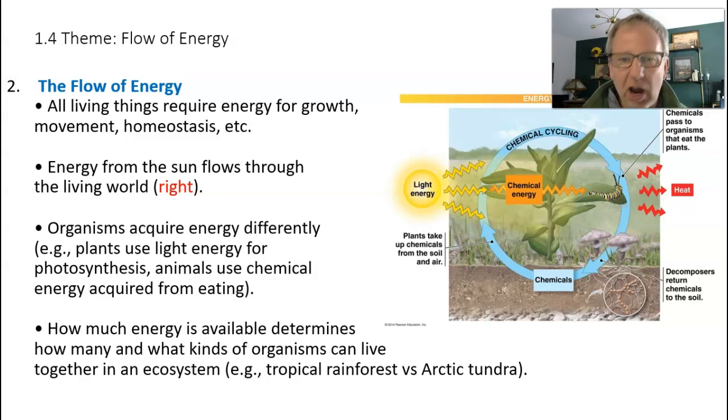When we eventually die, we decompose and molecules, chemicals go into the environment. Organisms can use them all over again. So matter, substance, is recycled over and over and over again. But energy flows through ecosystems and is eventually all lost as heat. So there's the theme of energy.